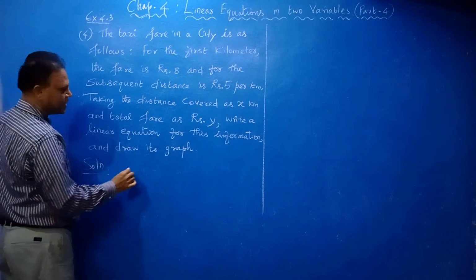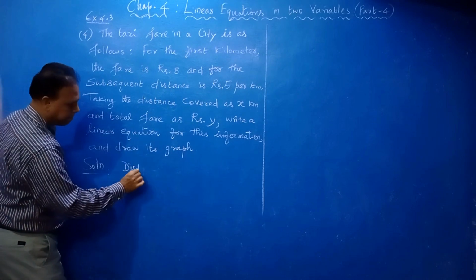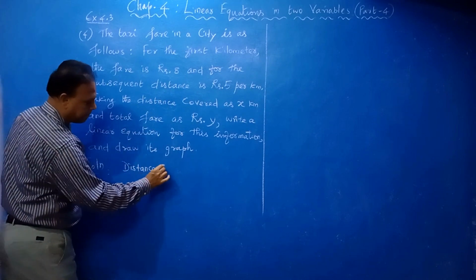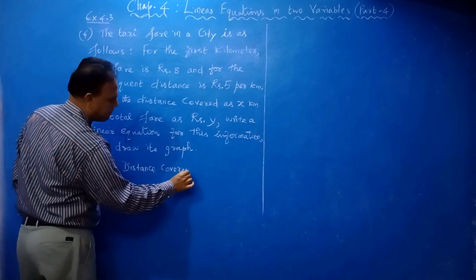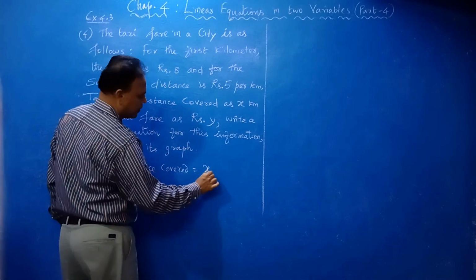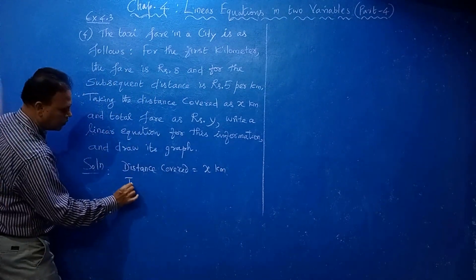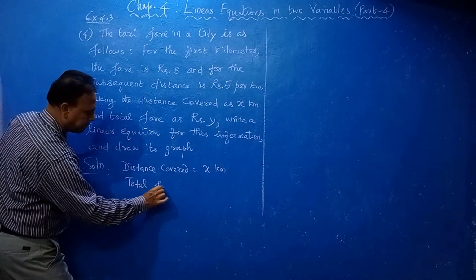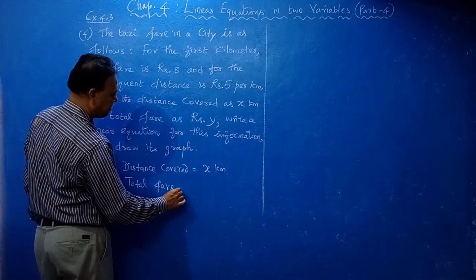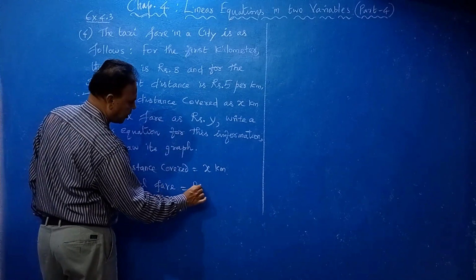Here it is given: distance covered equals x kilometers and total fare equals rupees y.